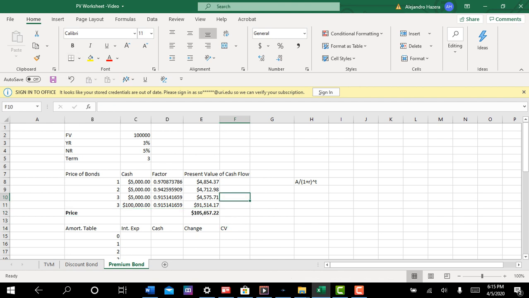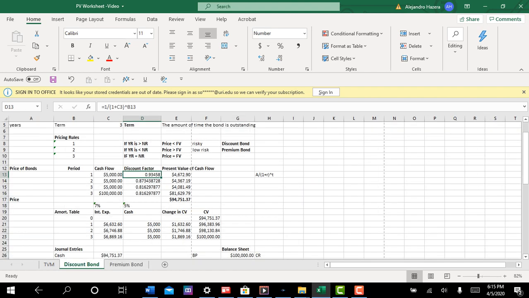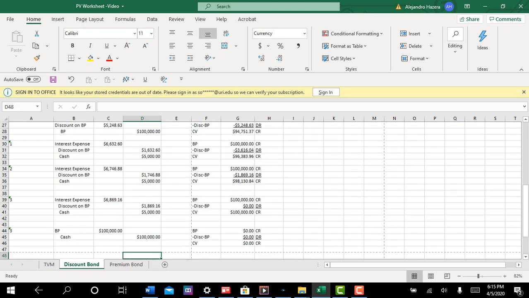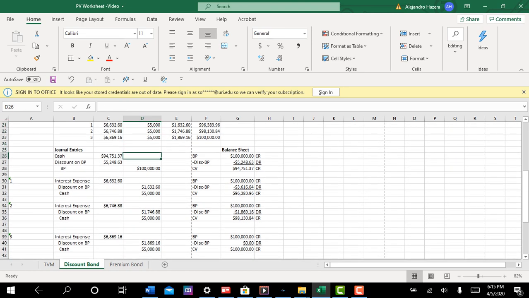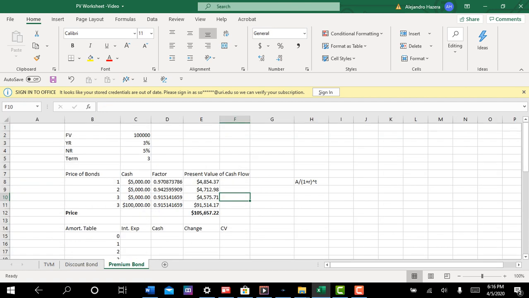In this case, you're going to pay back 100,000 like you did in the other example, but you're going to get 105,000 upfront. Over here, you paid back 100,000 at the end, but you only got 94,751.